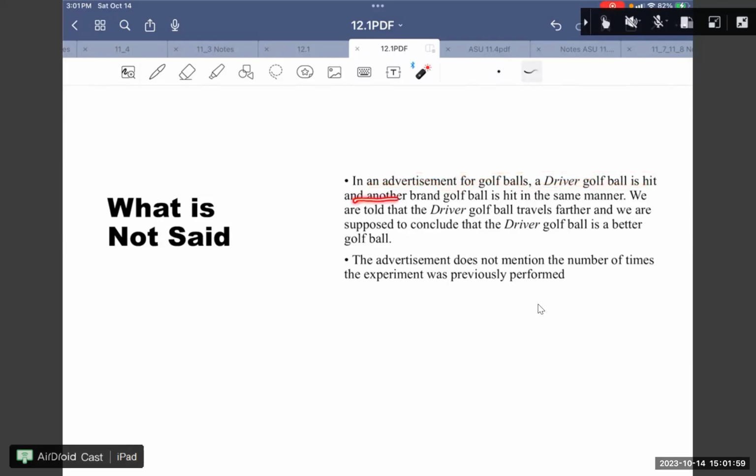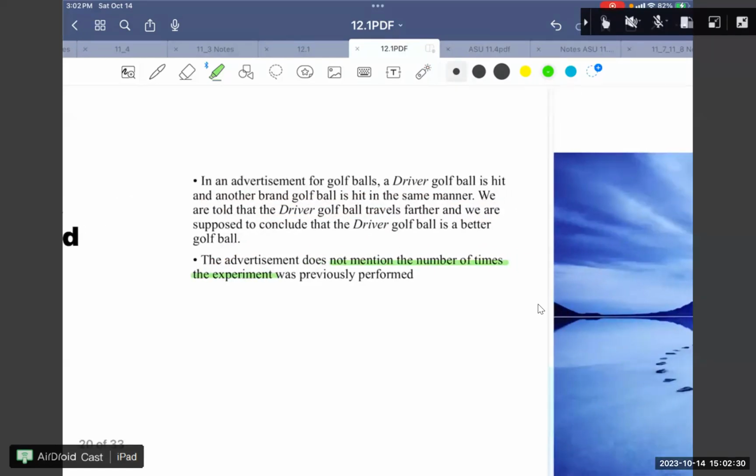We are told that one travels farther, and the company concludes that its golf ball is better than the other. The advertisement does not mention the number of times of the experiment.